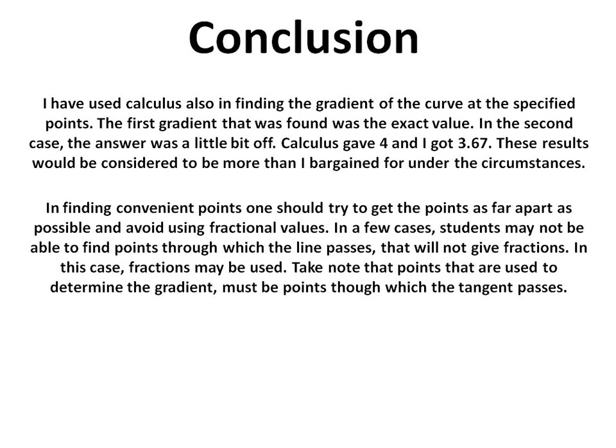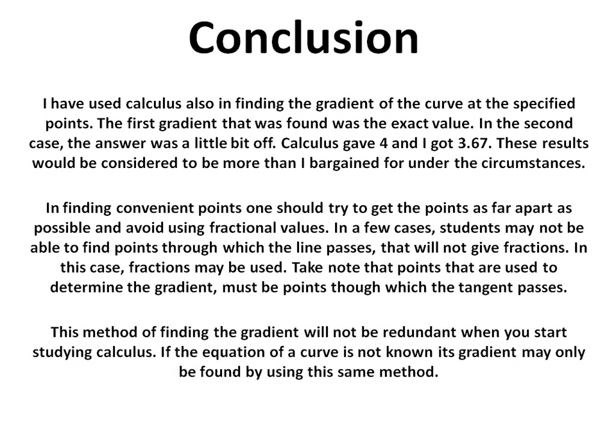Take note that the points that are used to determine the gradient must be points through which the tangent passes. This method of finding the gradient will not be redundant when you start studying calculus. If the equation of a curve is not known, its gradient may only be found by using this same method. And of course, as I said before, the value for the second one that calculus gave is 4, which is the exact value.